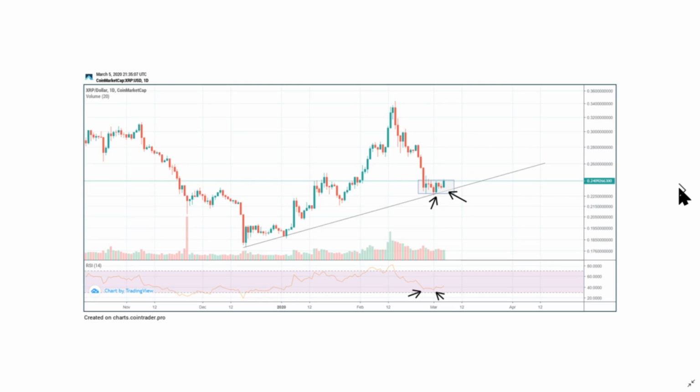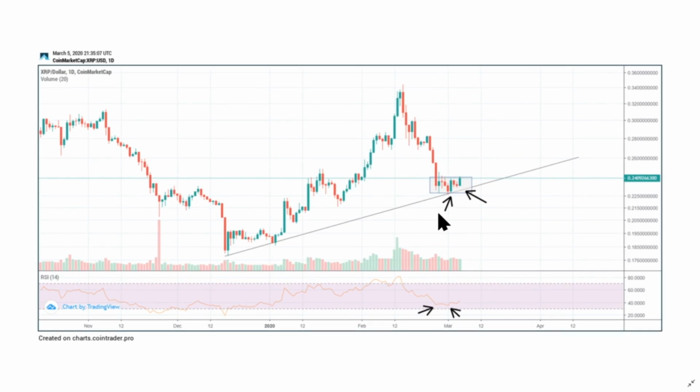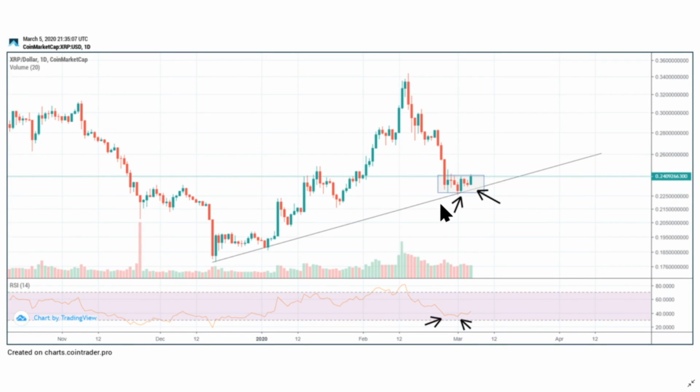Now moving on to the next one, you can see this is a daily chart for XRP, and the bullish sign here is, say we are getting a continuous up-shaped candle. Say one we got here confirming that there is kind of a change in the trend, then here reassuring that it is happening. But at the same time, if you look at the RSI, you are getting a double bottom.